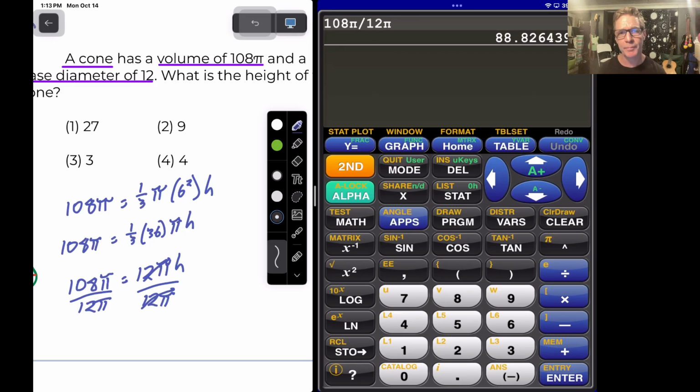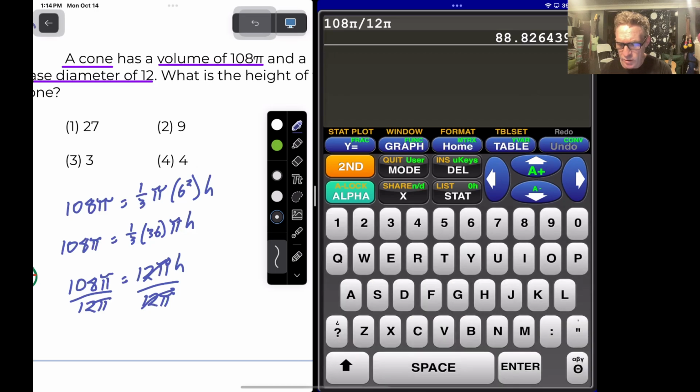You know what happened? All right, this is a little safety tip. What is happening in the calculator is it's looking at it as 108 times pi divided by 12 times pi. So it's really just dividing pi and 12 and then multiplying by 108 and pi. So it's messing up the order of operations.